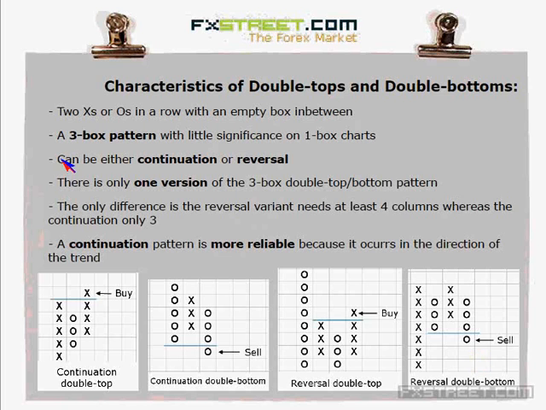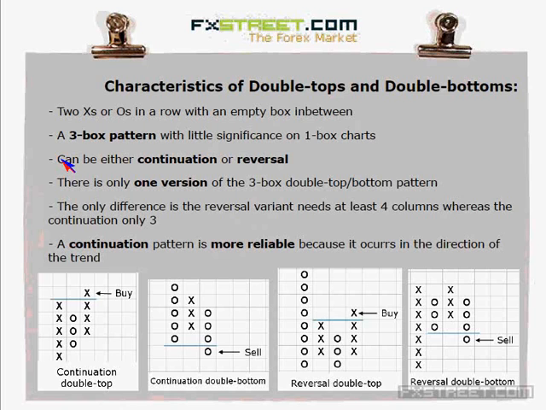Okay. The good thing about the identification of double bottoms, double tops, and the reversal types is that there is only one version of this pattern in the 3-box reversal chart. They will always look like this. Okay.